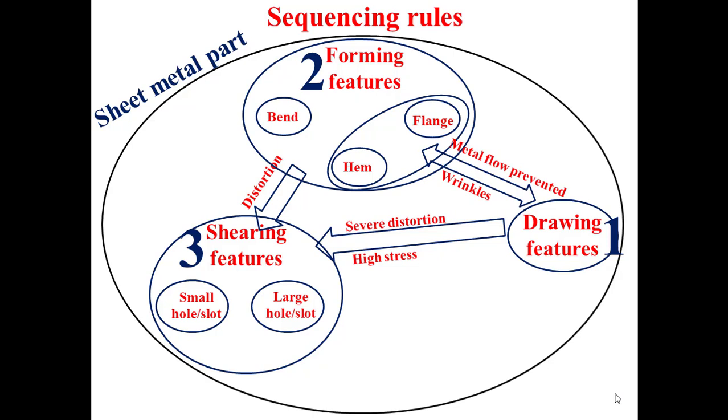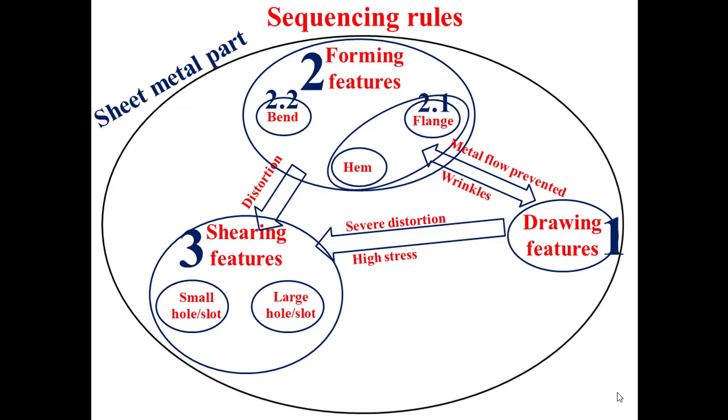Now, if we advance within the forming features, we can distinguish another, more advanced precedence. In fact, technologically, it is more efficient to flange first and bend the part afterwards. So, flanging must be carried out before bending.